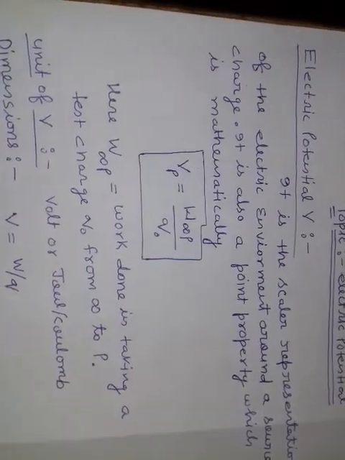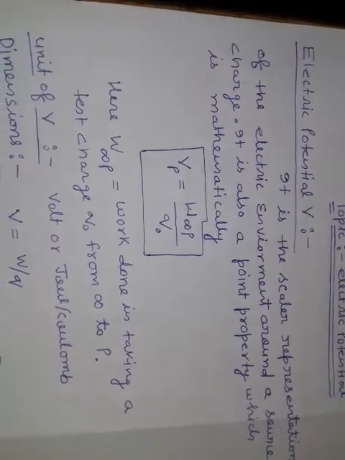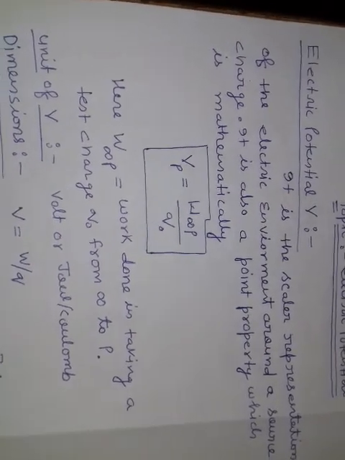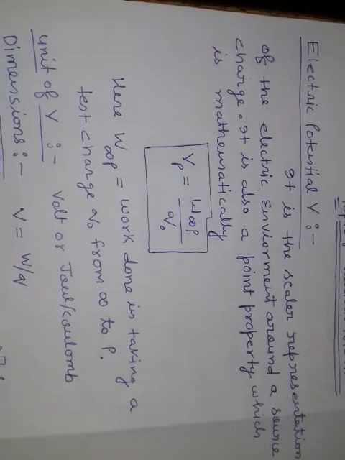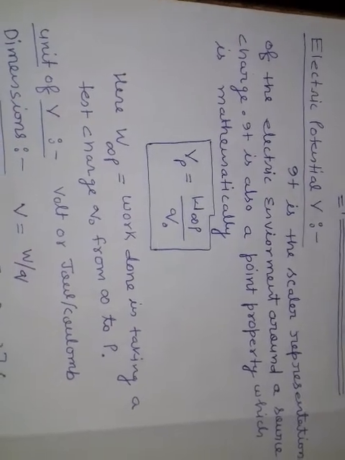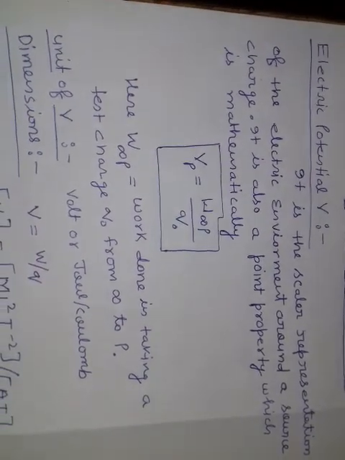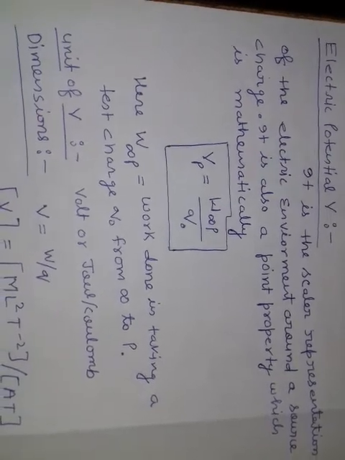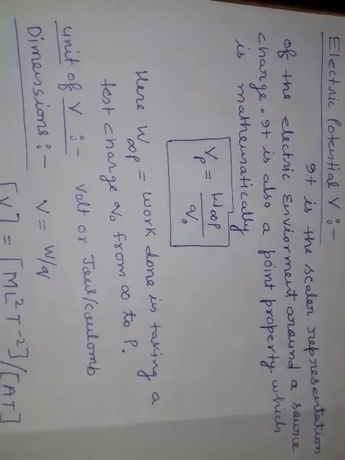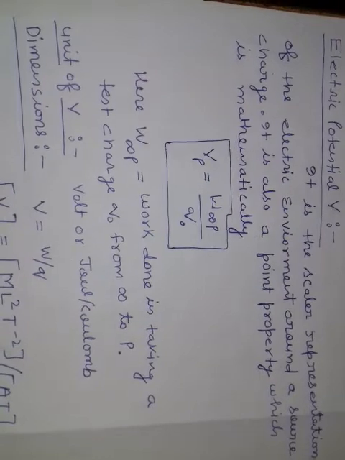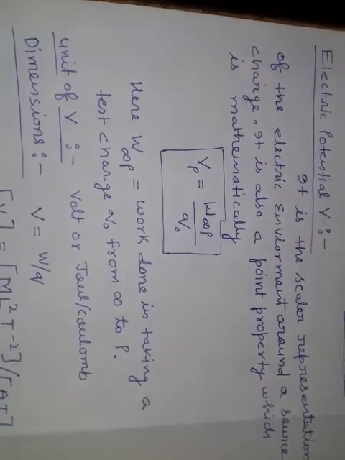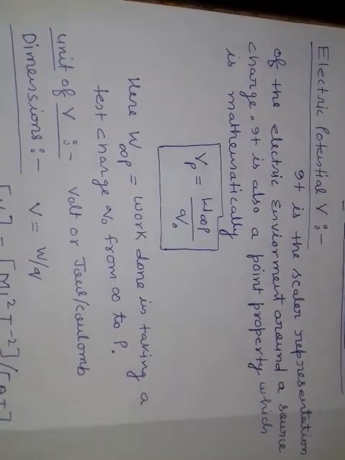Suppose potential at any point P, V_P, is equal to W infinity to P divided by Q naught. Here W infinity to P is work done in taking a test charge Q naught from infinity to P. What is the basic difference?